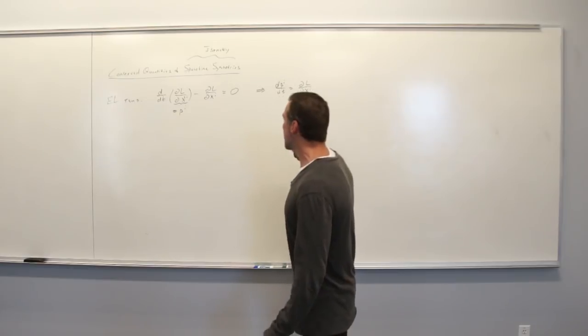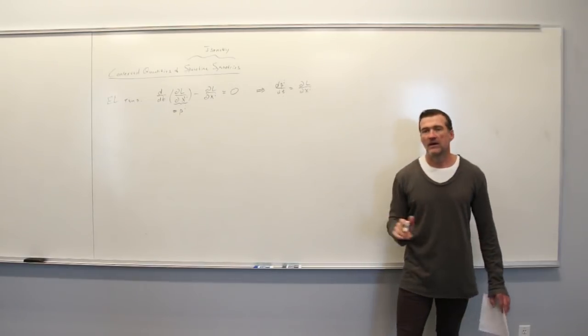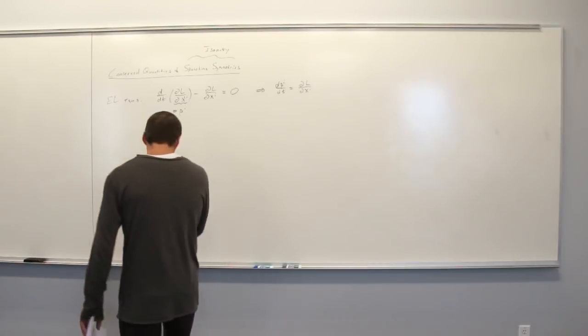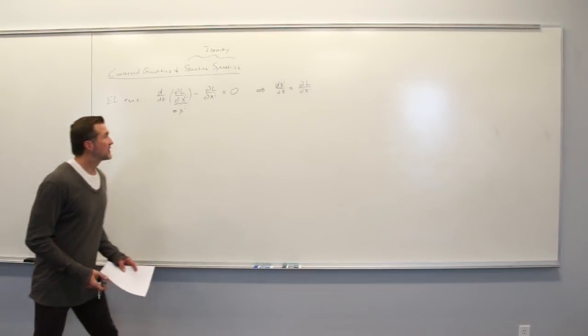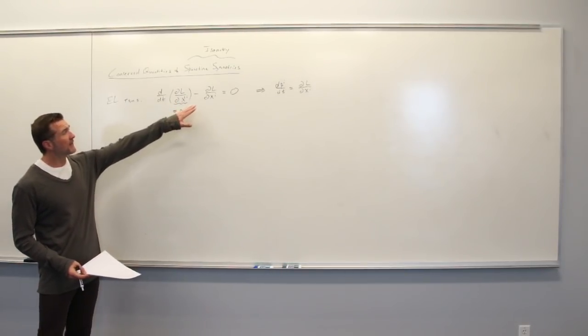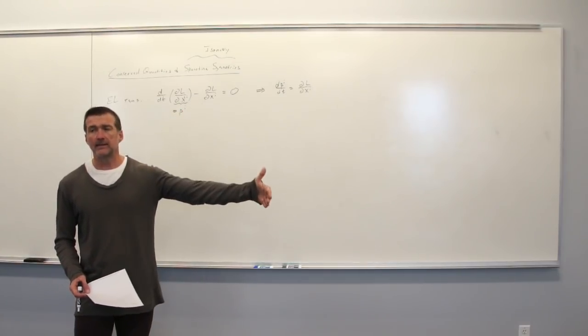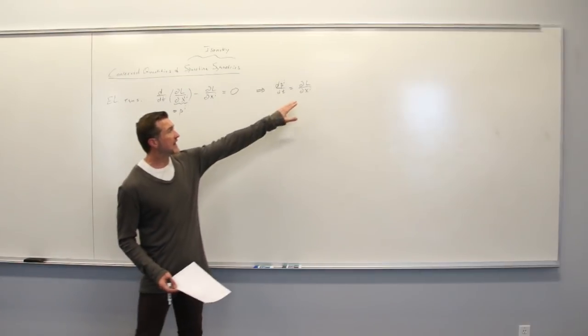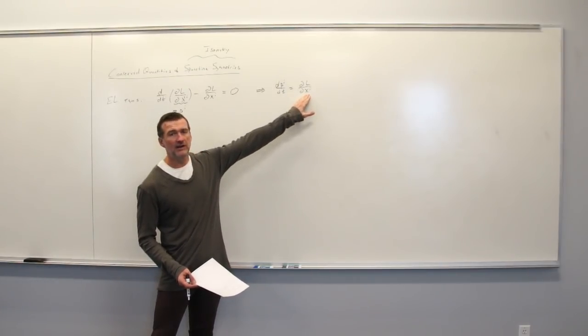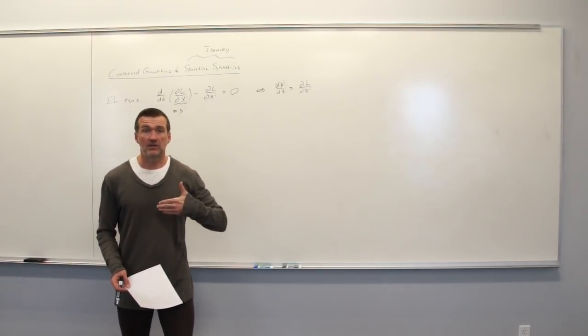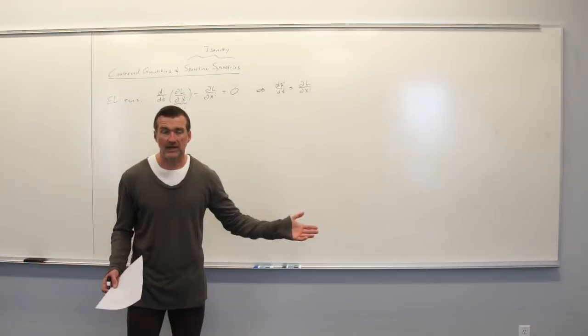Now this is a very special limited result of a much more powerful theorem due to Noether, who demonstrated that if the Lagrangian has a continuous symmetry, and in this case that continuous symmetry would be translations along x, because if the Lagrangian doesn't depend on x, you can change the value of x and the Lagrangian won't change.